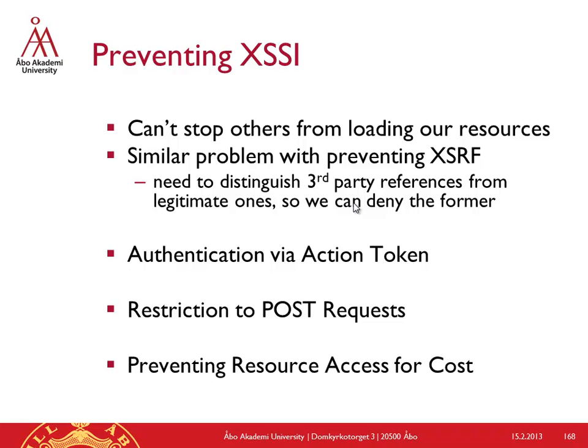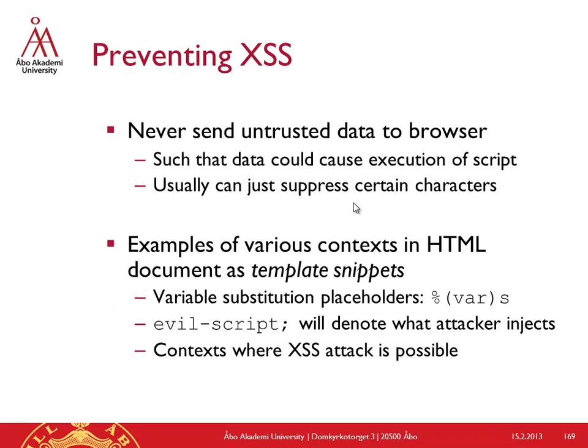For another attack, it's possible to use the same or similar techniques, like authentication with action tokens. It's better to use POST requests than GET requests, and it's better to check the scripts that we're going to use.